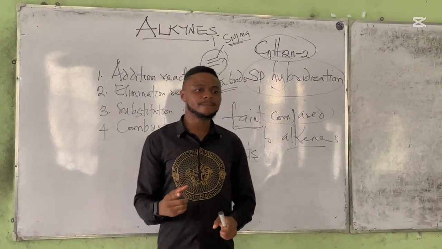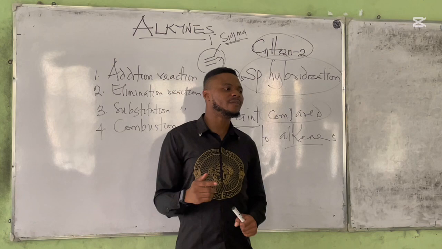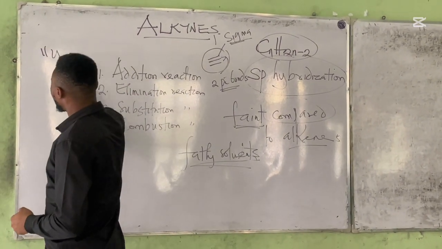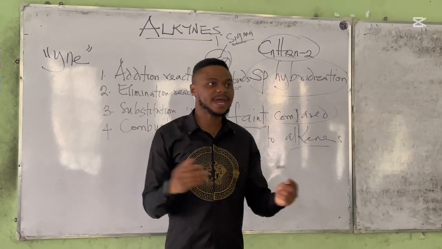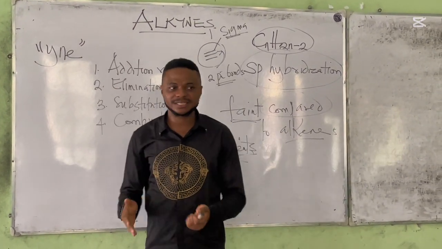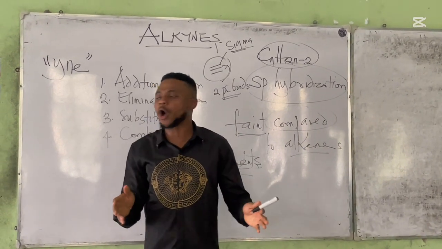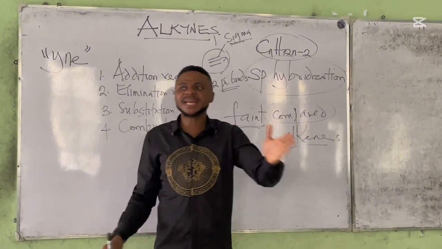Now the parent name of alkynes follows the suffix YNE. So what we are implying is that ethane is called ethane because it is from the alkane family. ANE is the suffix.